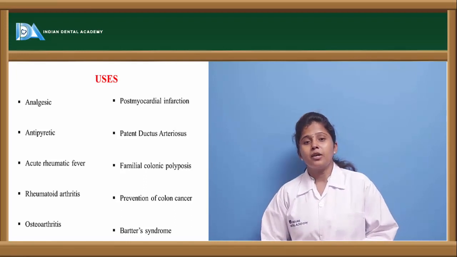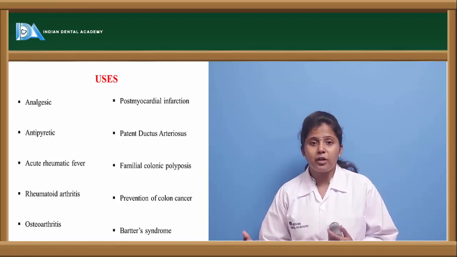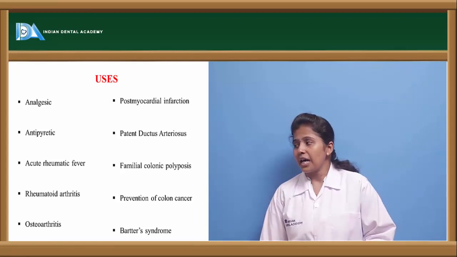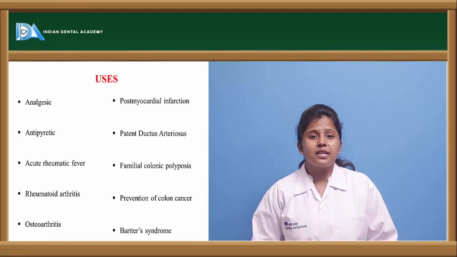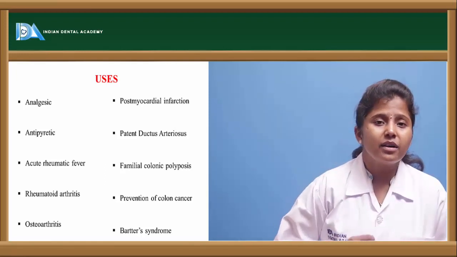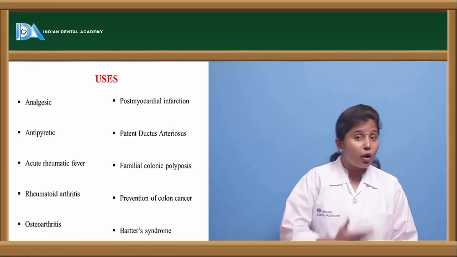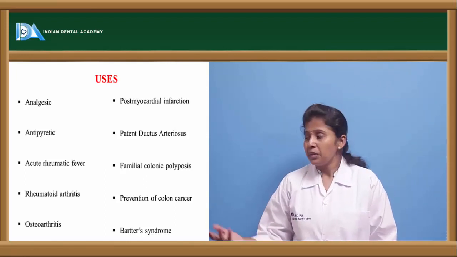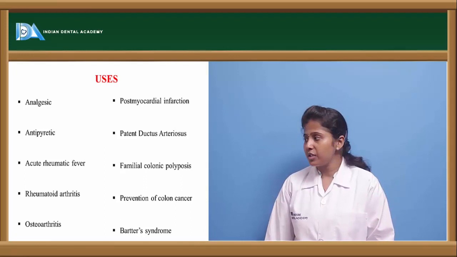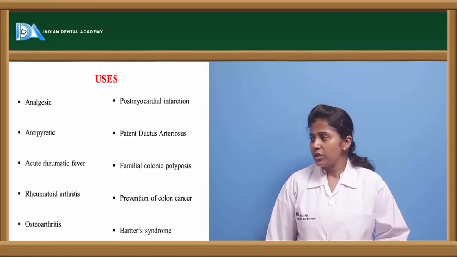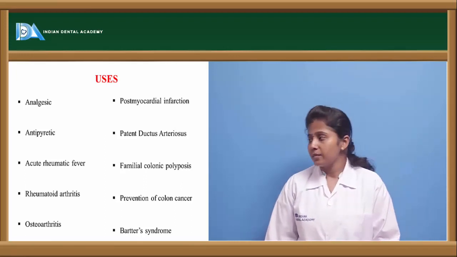After a myocardial infarction, if there is any pain caused because of it, that can be reduced. It is also used in the patent ductus arteriosus condition, a problem in heart development. And it is used in prevention of colon cancer and in Bartter's syndrome.